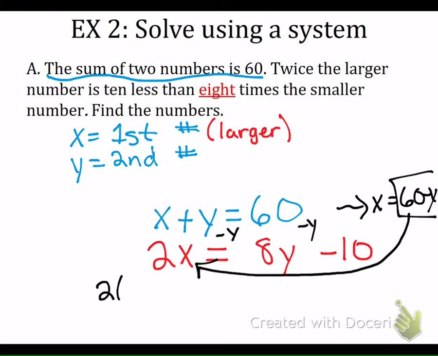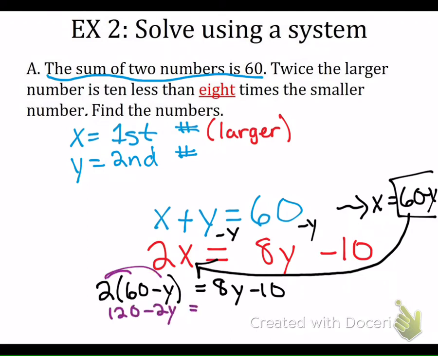So 2 times 60 minus y equals 8y minus 10. So 120 minus 2y equals 8y minus 10.